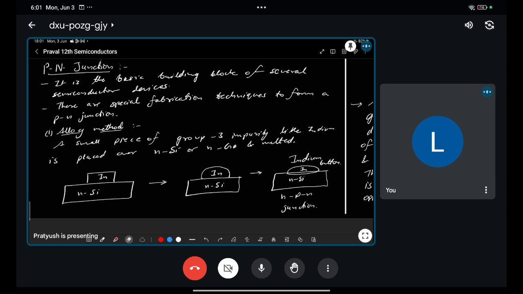It will make a PN junction. Generally indium is used, and this forms an indium button which acts as a PN junction.